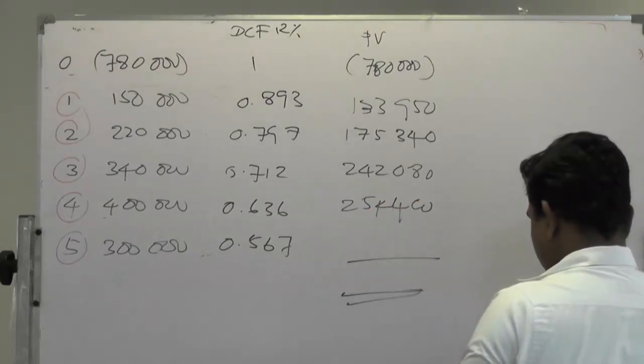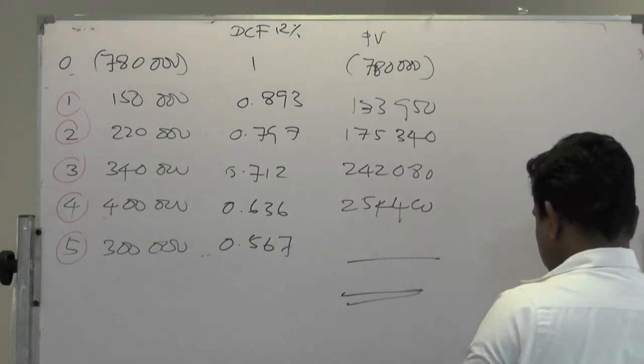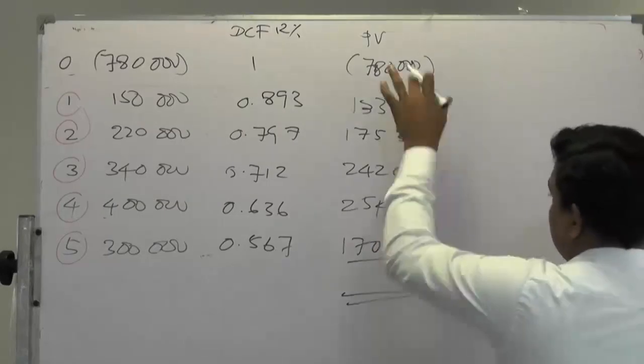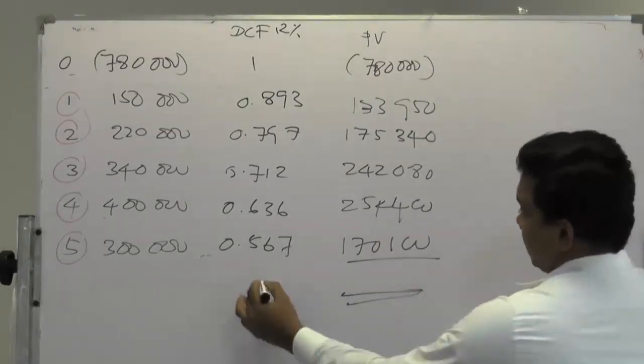Finally 0.567 into 300,000, that is 170,100. Now the net answer is the net present value.